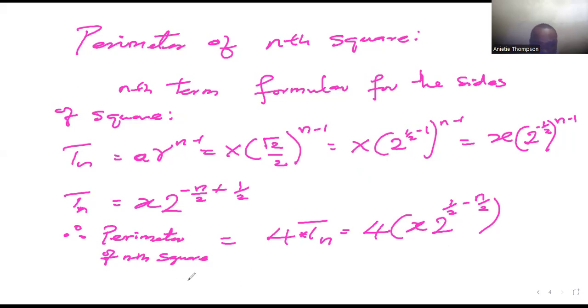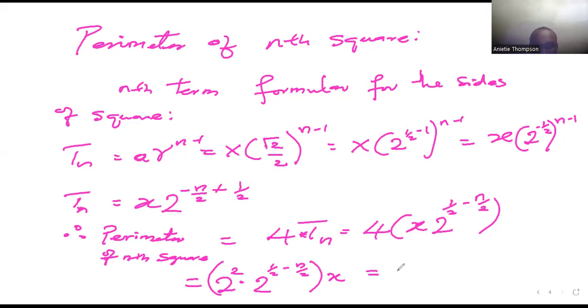Don't also forget that 4 can be written as 2 to the power of 2. And then times 2 raised to the power of half minus n all over 2, then times x.